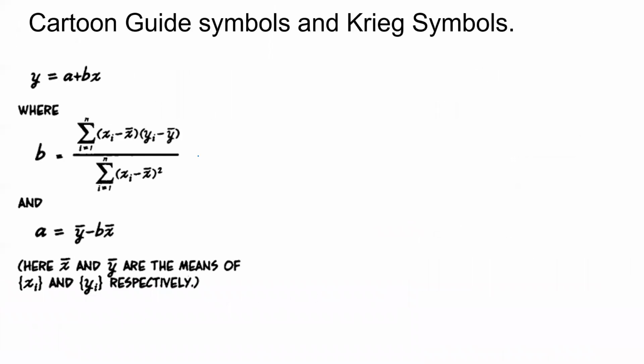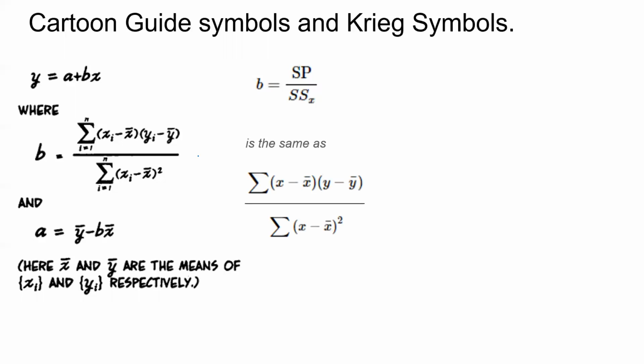Okay. So I want to show you there are slight differences between how the cartoon guide and Krieg use symbols. They're basically meaning the same thing. So I want to show you the connection between those things. So B is equal to SP over SS. Now SP for Krieg is that measure of variation, and it's the same as this calculation. So this and this are the same.